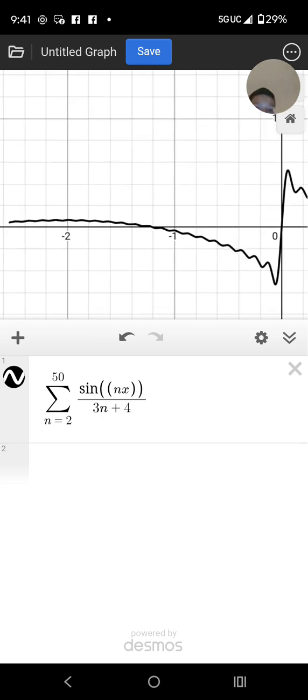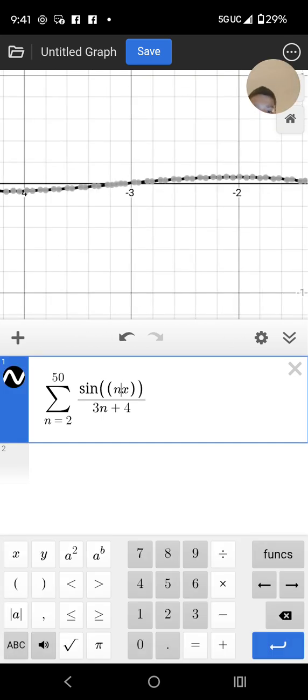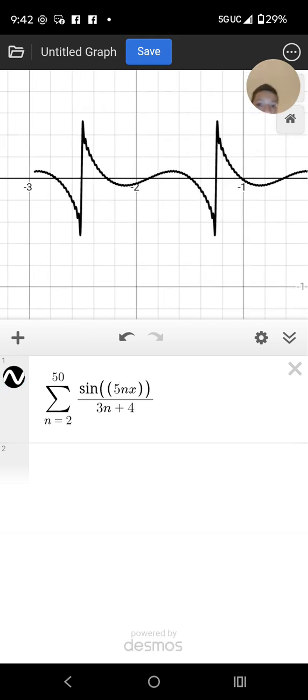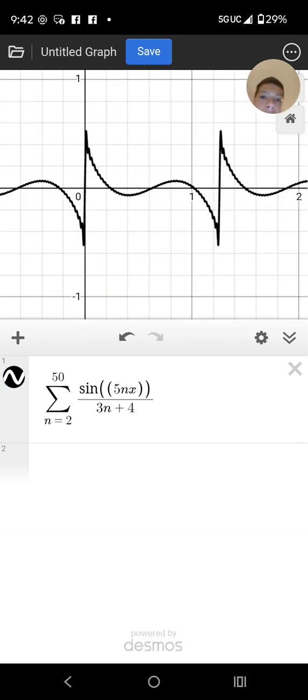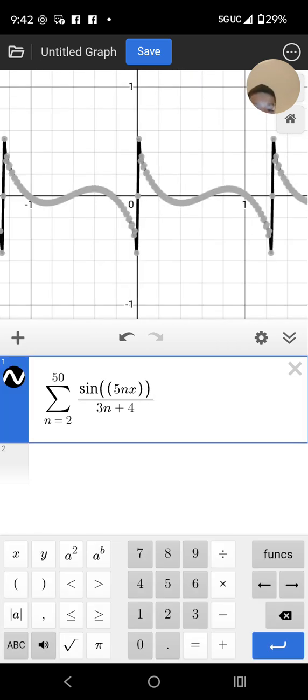Let's do this. So it's kind of like this wavy pattern. Let us hear the sound.